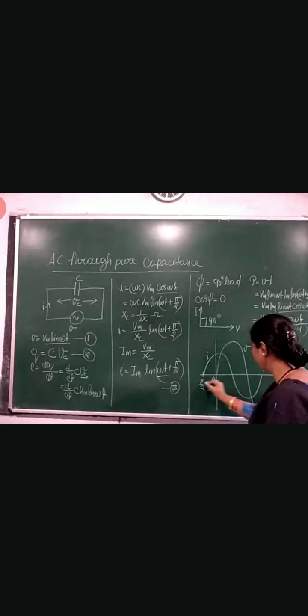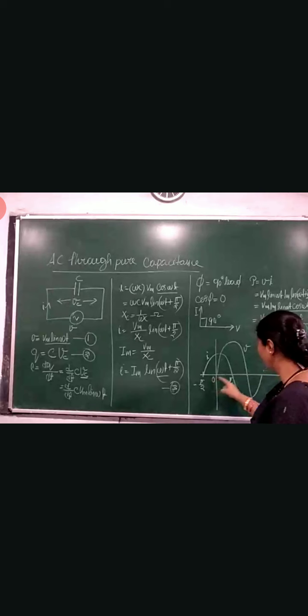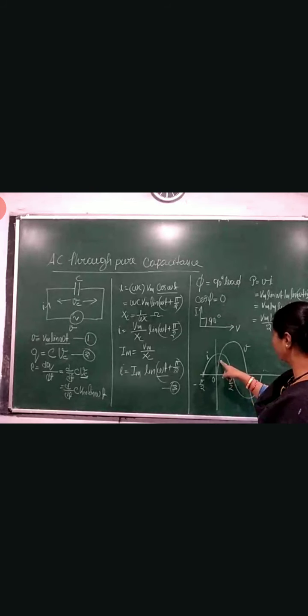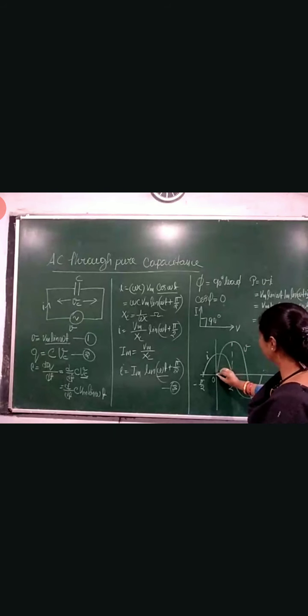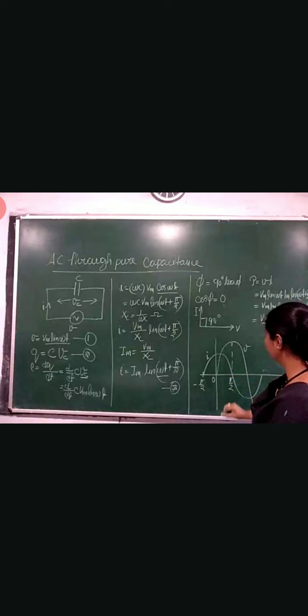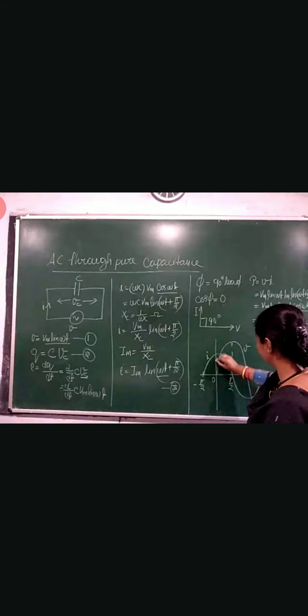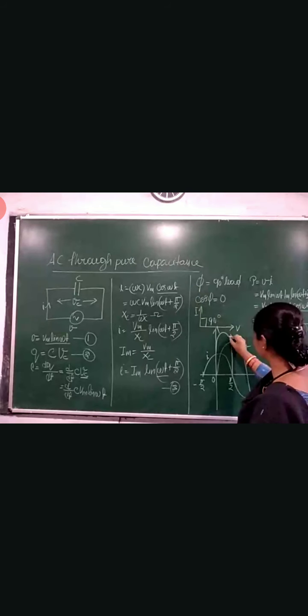Now we draw the waveform for instantaneous power. Within 0 to 90 degree, current and voltage both are positive, so power is also positive, because you know that power is the product of voltage and current.